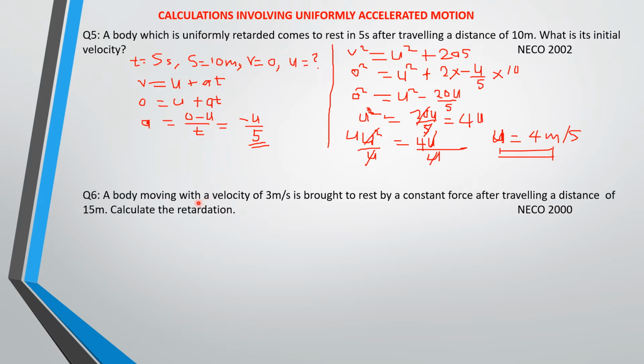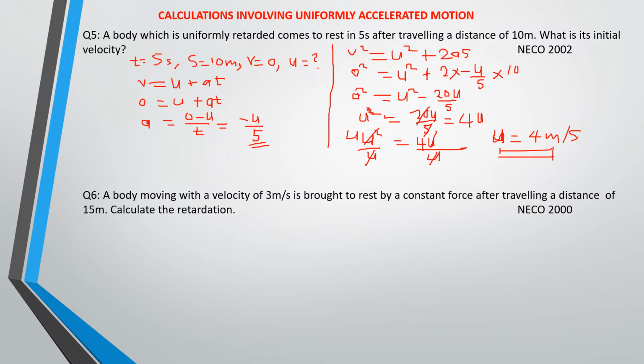Given initial velocity and distance traveled, and asked to find retardation, which equation of motion will you apply? It is obvious that it is the third equation of motion.